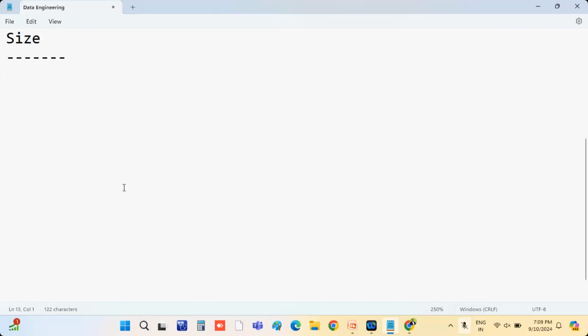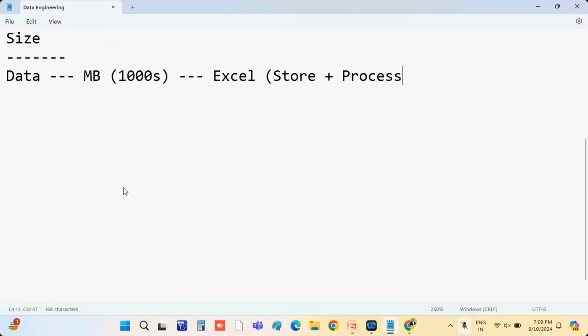When you have a small amount of data, megabytes of data, for example, every month you get, let us say, 1,000 rows of data, you will be able to store it in Excel sheets, or maybe you can use pen and paper. You should be able to store the data as well as process your data.